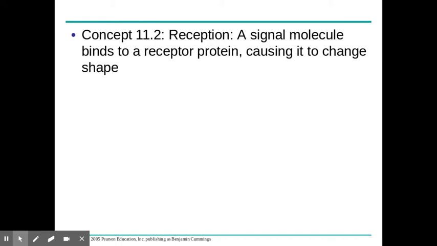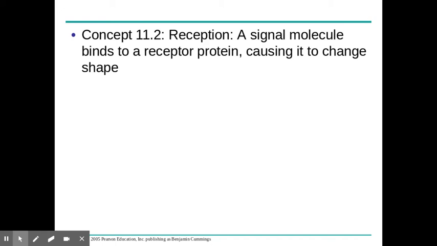So reception is when a signal molecule binds to its receptor protein, causing a change in shape or a change in configuration. So the target cell has a receptor, and this is a protein molecule, usually on the cell membrane, could be inside the cell. Again, we'll look at that in a minute, which can only recognize a specific ligand or signal molecule.